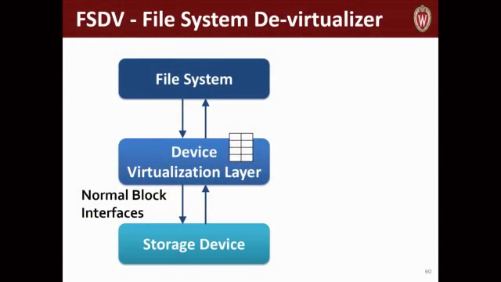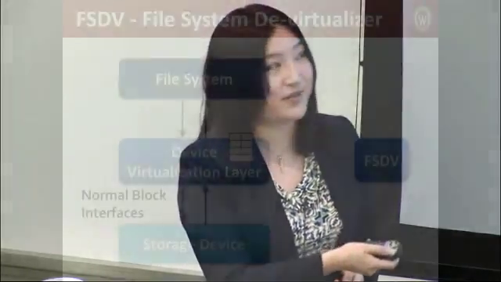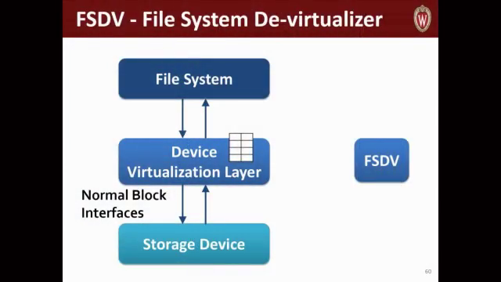So that's why I built this tool called File System De-virtualizer, or FSDV. Normally, everything works as traditionally. There's a device virtualization layer, which can be in software or in the storage device. The file system talks with it with the normal block interface, and it keeps a mapping table around. Periodically, or whenever needed, FSDV is invoked.